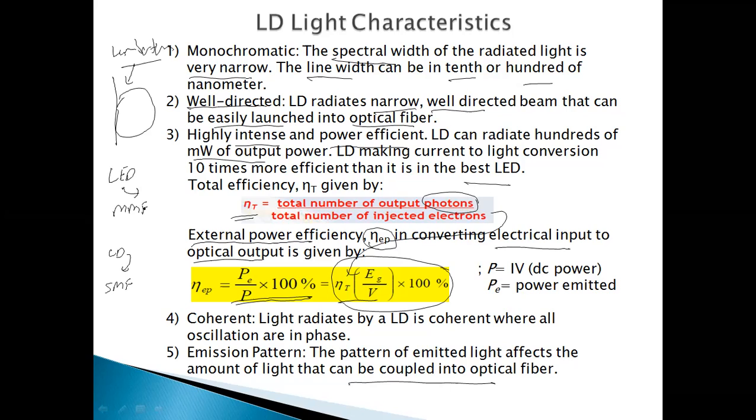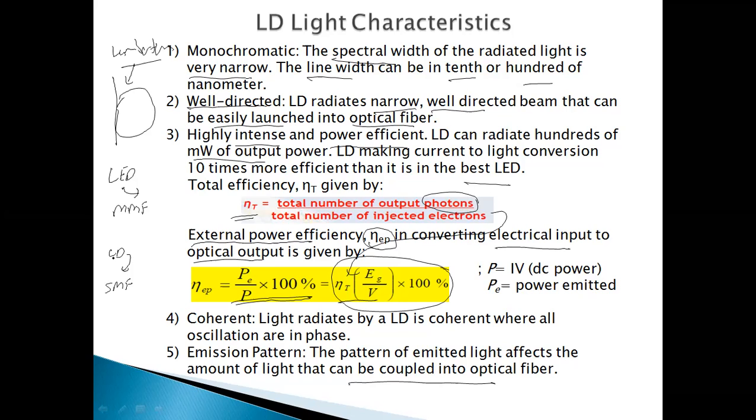For a multimode fiber, the core is large, about 60 micrometer, as compared to a single mode fiber in which the core diameter is very small, about 7 or 8 micrometer. Due to the well-directed, narrow radiation profile of the laser diode, coupling into the single mode fiber is made possible, because the spectral width or line width of the laser diode is very small as compared to the LED.